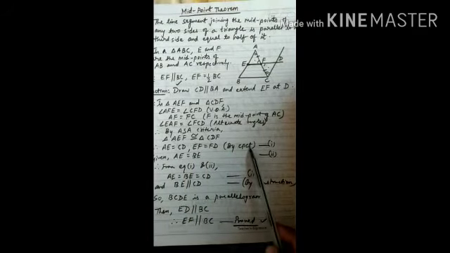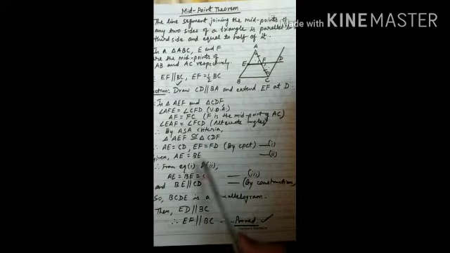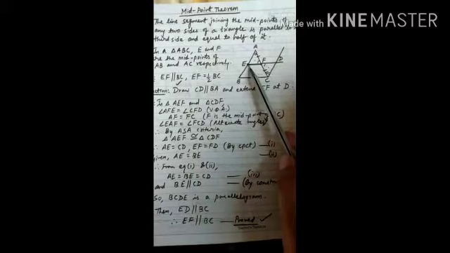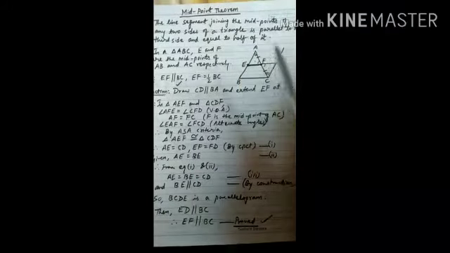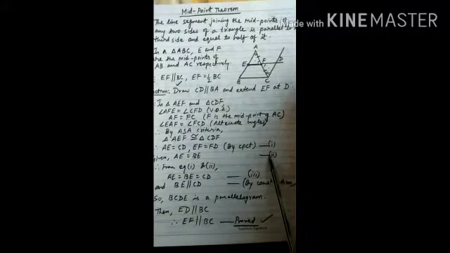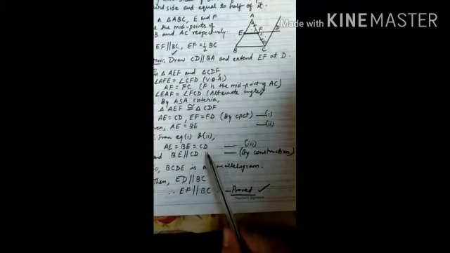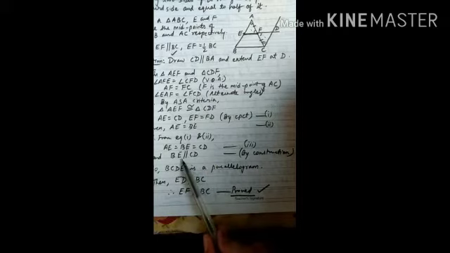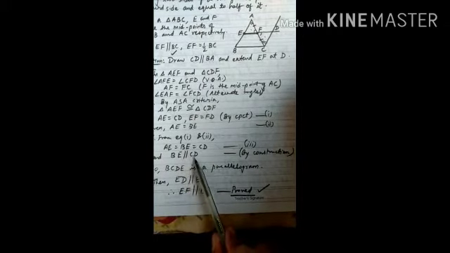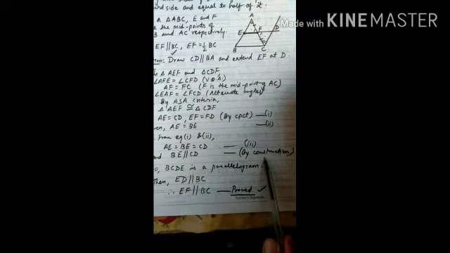Also, AE equals BE, since E is the midpoint of AB. So from equations 1 and 2, AE, BE and CD are all equal to each other. Also BE is parallel to CD, which we made by construction.